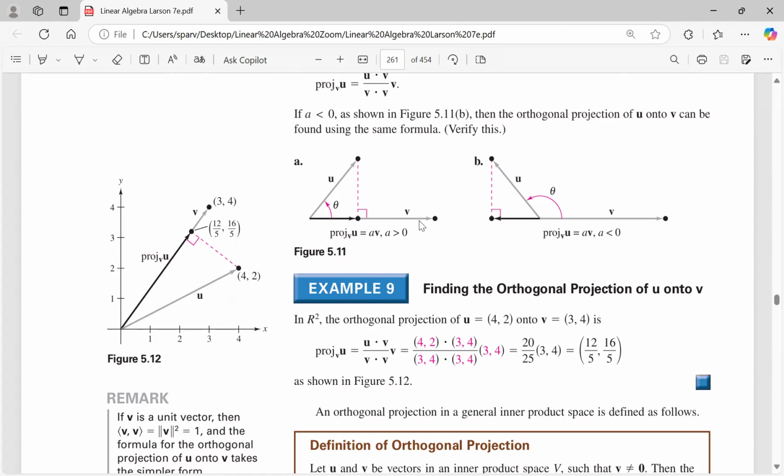It lies along the same direction. So that's why it has a times v. A here is a scalar. Even in figure 12, the one I just went over, the projection of u onto v is some scalar multiple of v. For example, it could be 3/4, looks like about 3/4, well, 5/8, whatever that ratio of the projection to v is. But the point being, it's a scalar multiple.